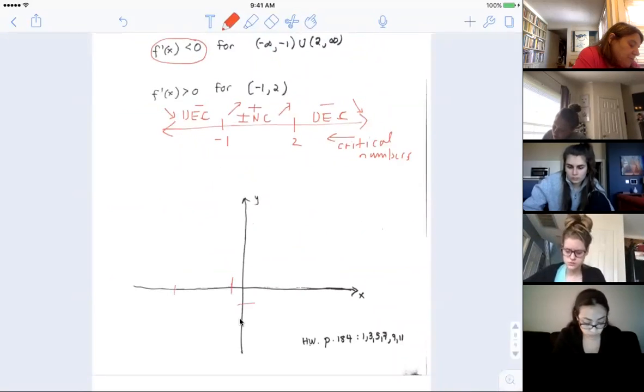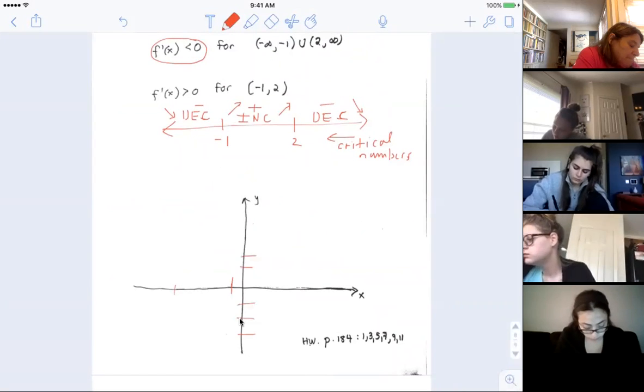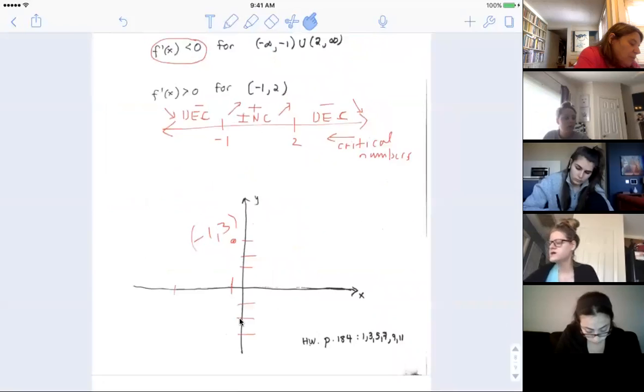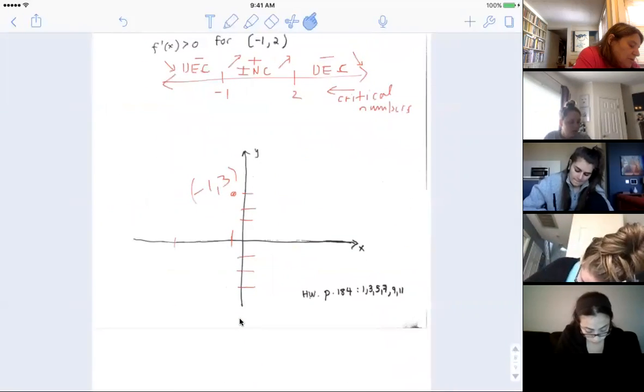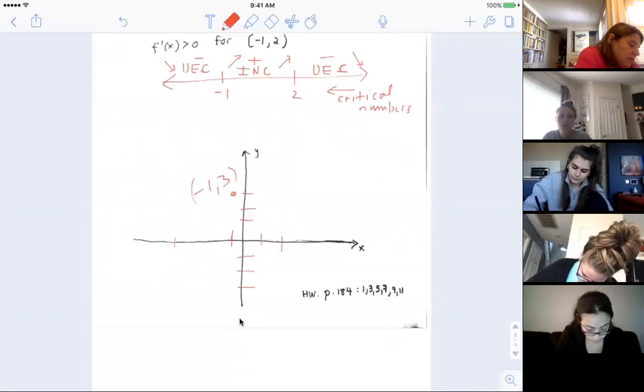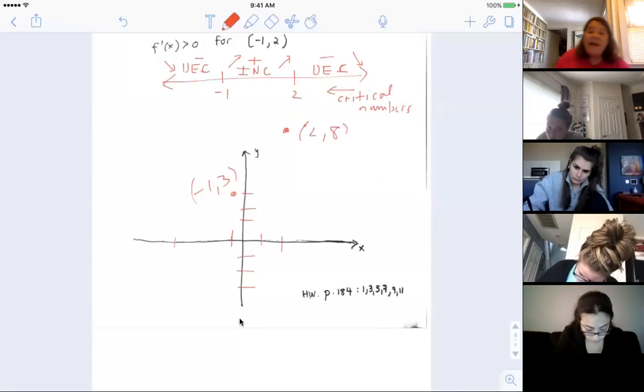Okay, -1 and 3 is up here. I'll label it. And then the other point that we found was 2, 8. So right here, 1, 2, and somewhere up here. So 2, 8.